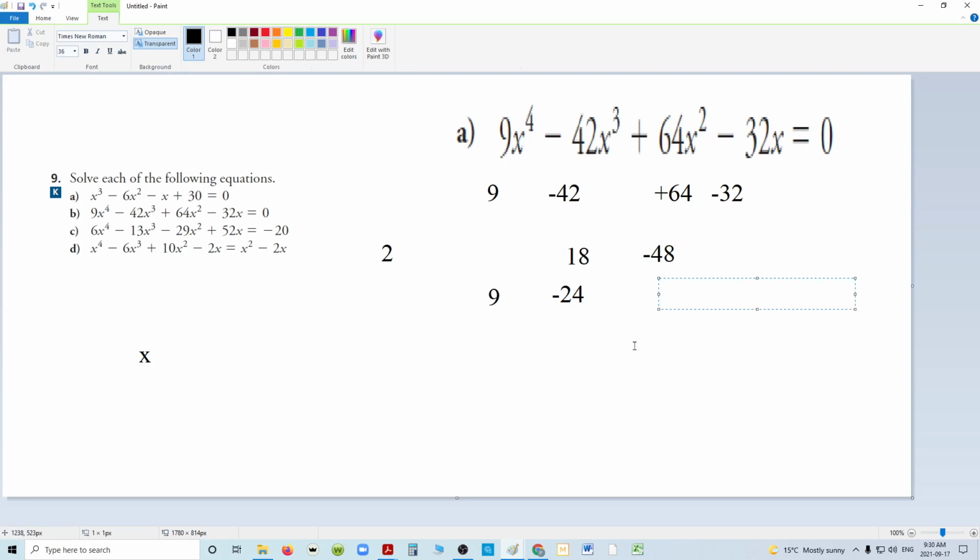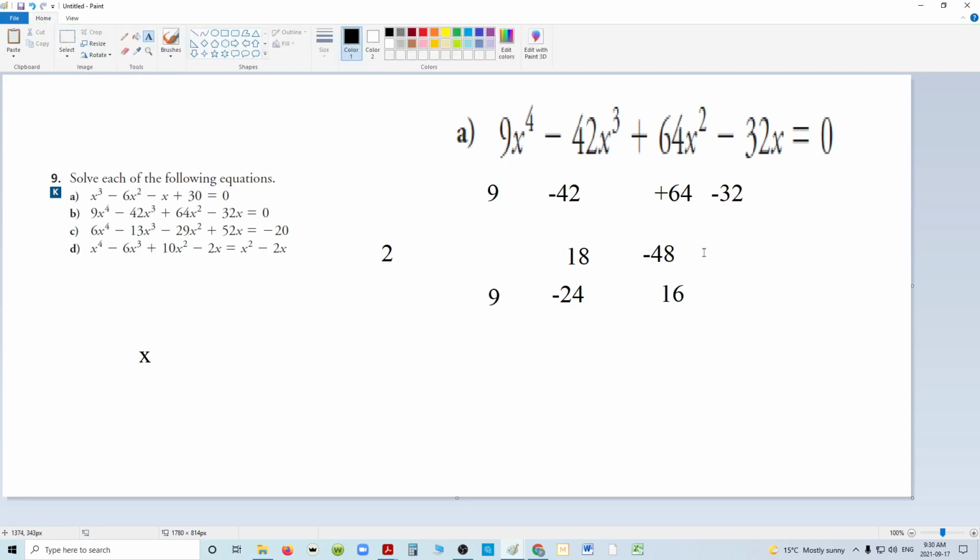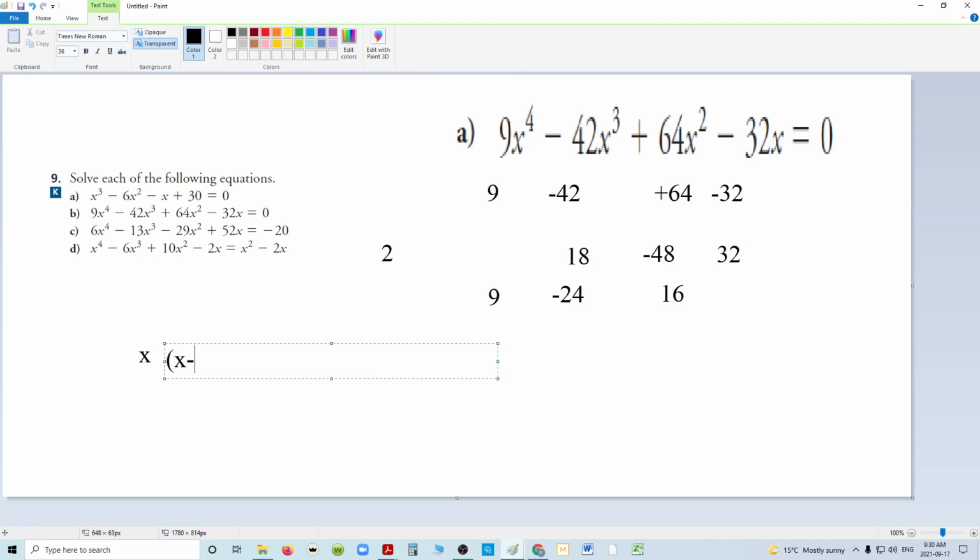What is that? 16? Oh, that one works. There we go. So that means my next factor is x minus 2.